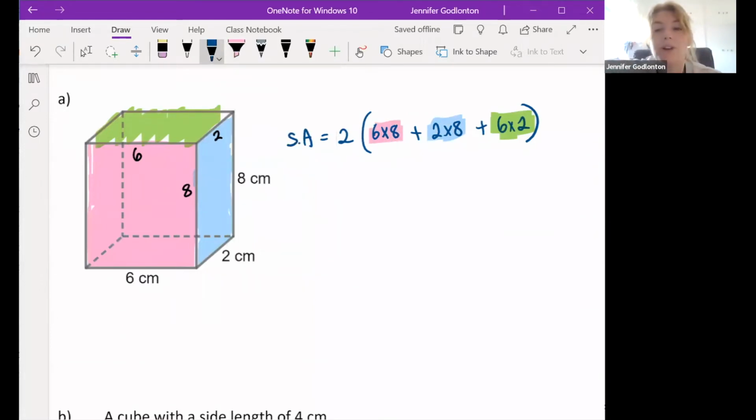And then we pop it straight into our calculator exactly like that. So we're going to say 2, open bracket, 6 times 8 plus 2 times 8 plus 6 times 2, close off the brackets. I get 152. We're dealing with centimeters and it's surface area, so it's going to be squared. And that will be my final answer.